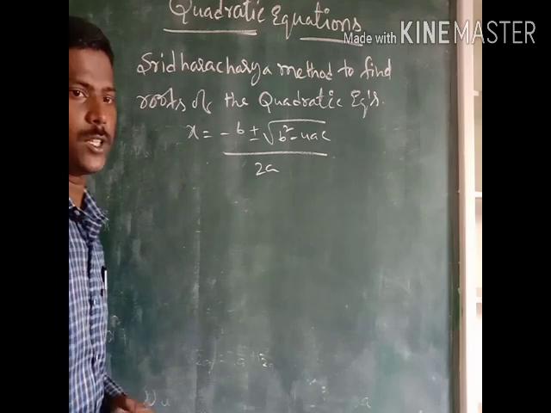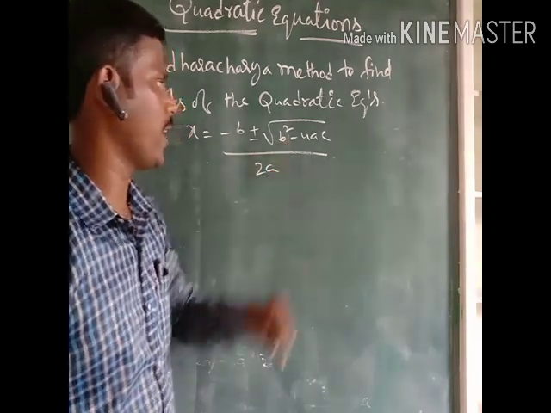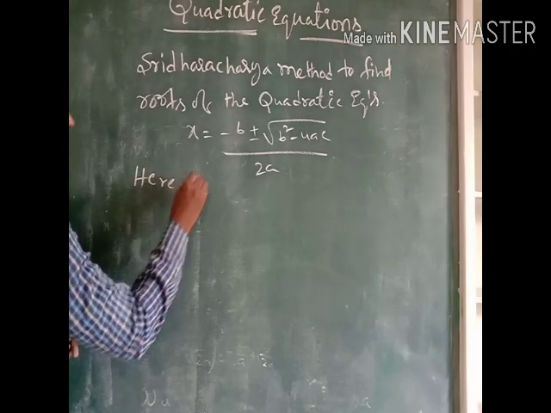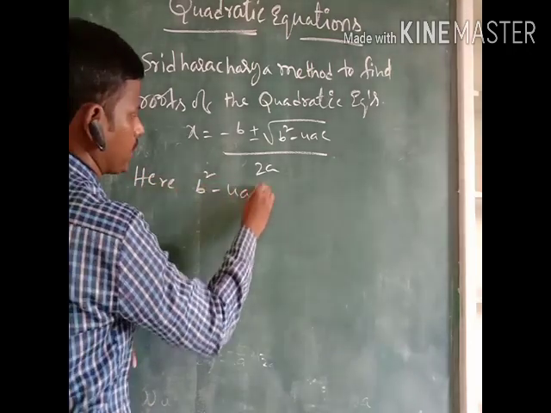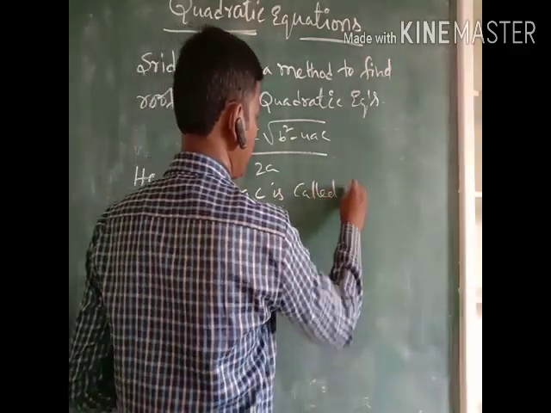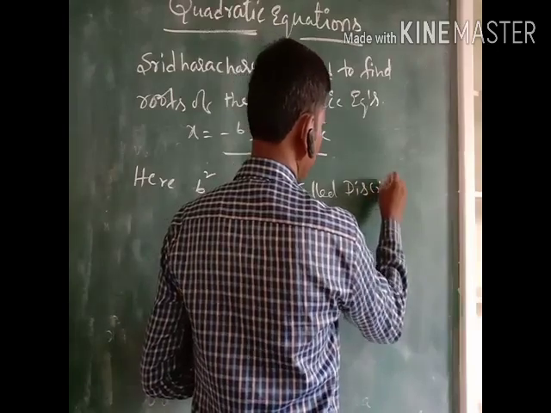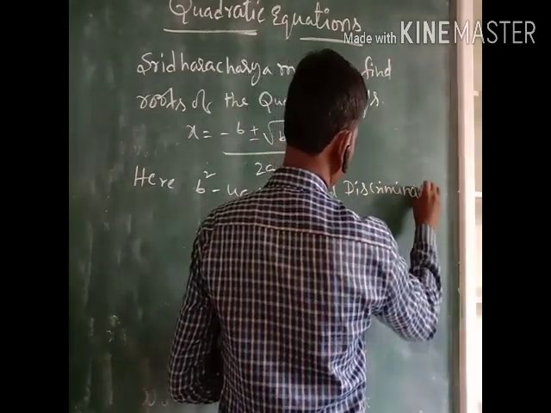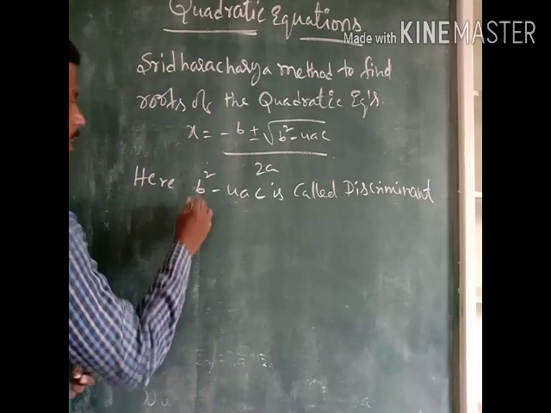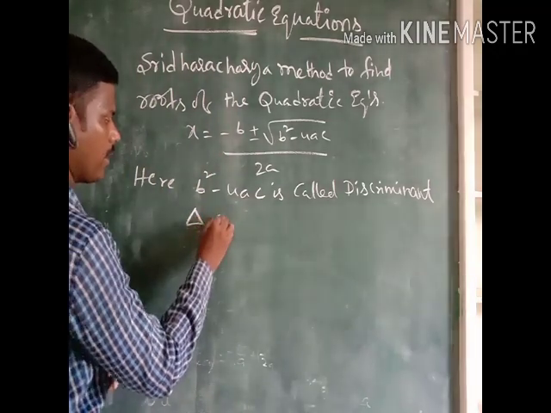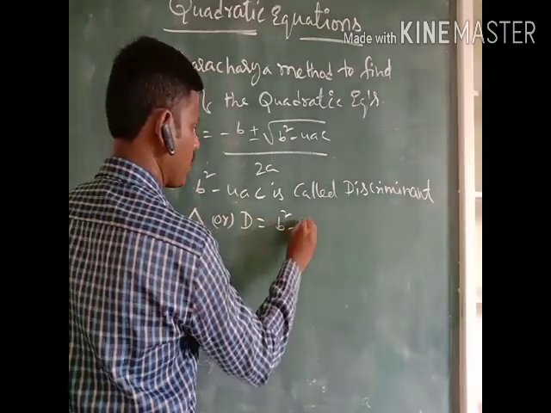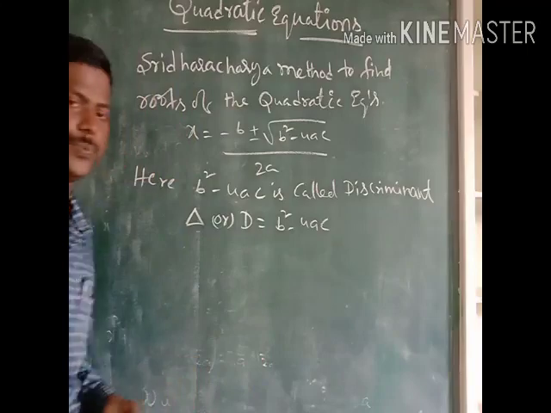Understood? So now see, in the root one value is there, b² minus 4ac. Here, b² minus 4ac is called the discriminant. It is denoted by delta or D symbol, which is equal to b² minus 4ac.